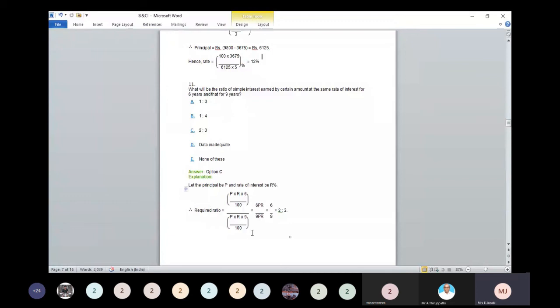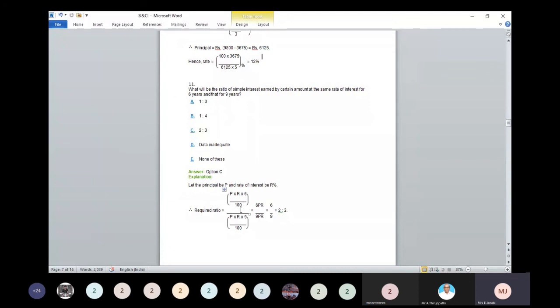So write down the simple interest formula to calculate the simple interest for 6 years. The formula is PRT divided by 100. Let us assume the principal amount for the first one is P and the rate of interest is R. So the formula will be PRT, where T is 6, so PRT divided by 100. This is for the first one.